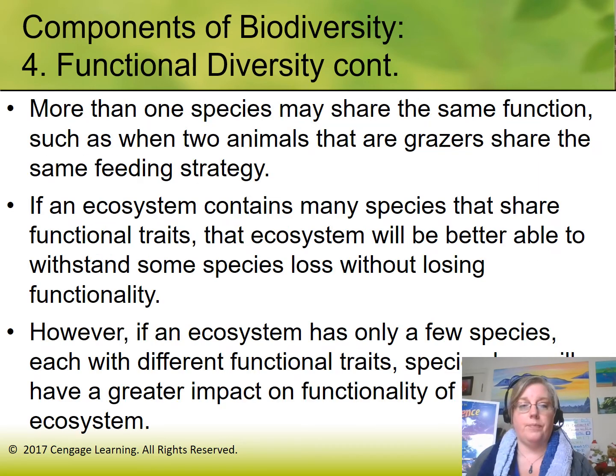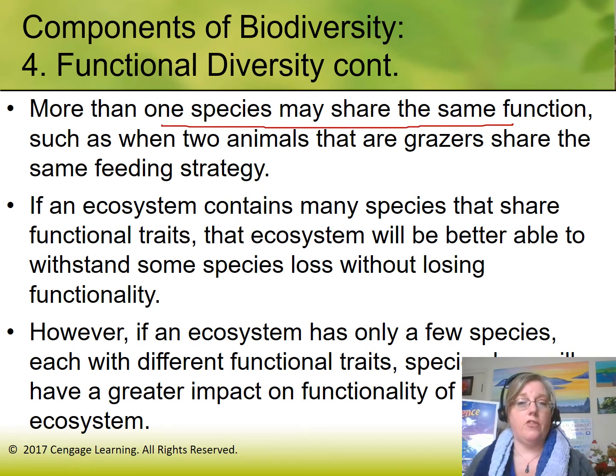Now, the reason we get into this is that more than one species can share the same function. We have many different types of herbivores. Many different animals that feed on bugs. Many different animals that do a whole bunch of different things. So what they do at first is they share, right?